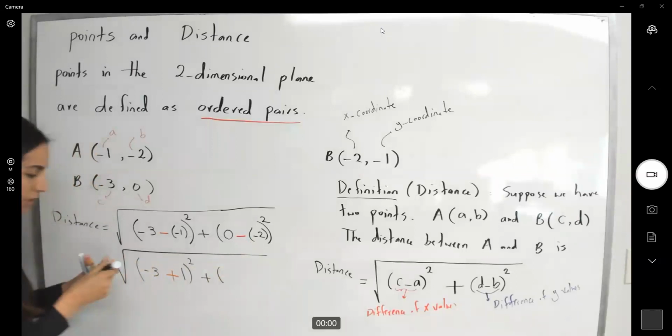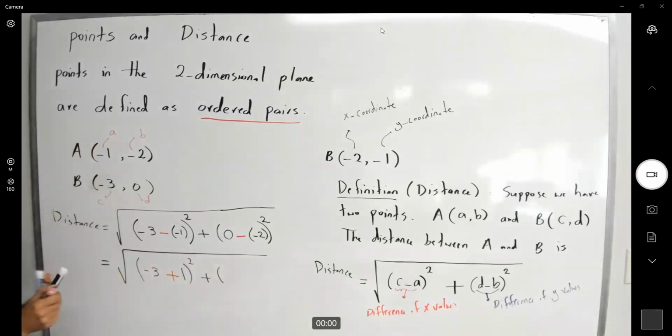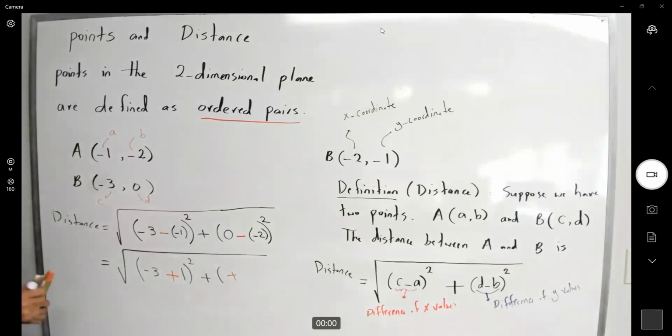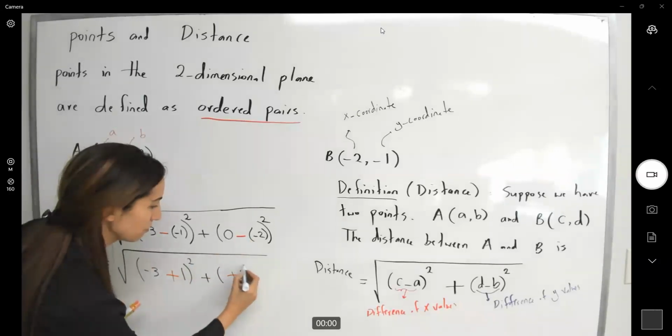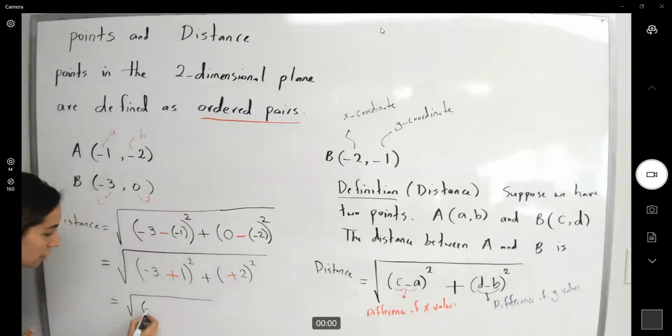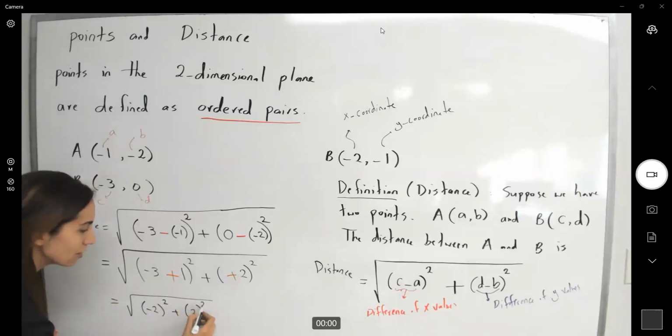Negative times negative is positive. So +2 to the second power. So far, so good. -3 plus 1 is going to be -2. So this guy is equal to the square root of -2 squared plus 2 squared.